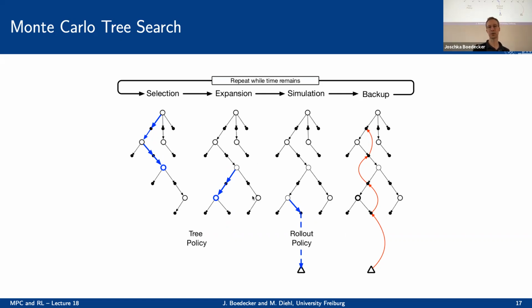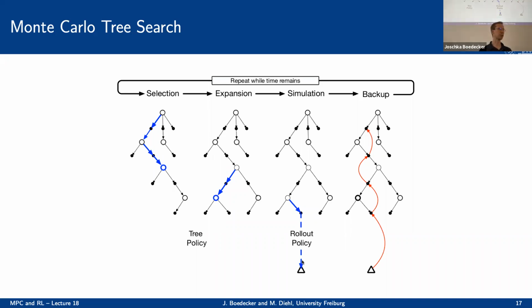You decide where you want to expand, and then you basically want to forward simulate up to a certain horizon in order to gather new experience that you can back up. Okay, and that's the basics of this Monte Carlo tree search.